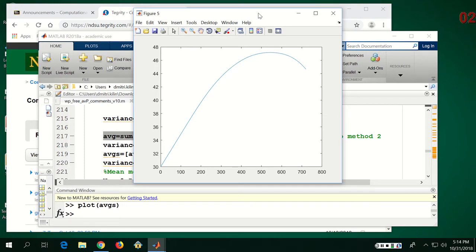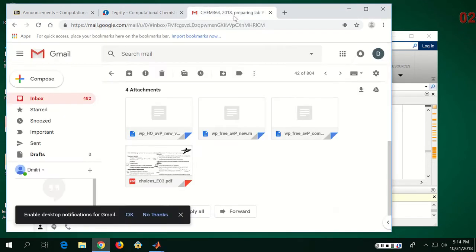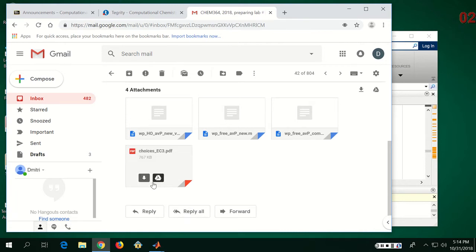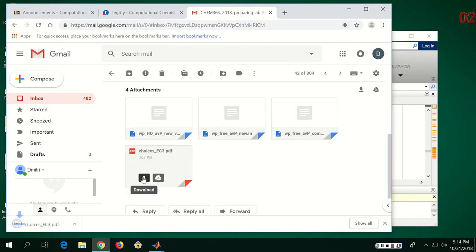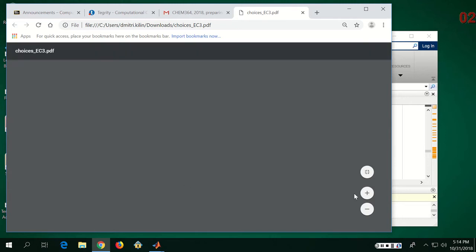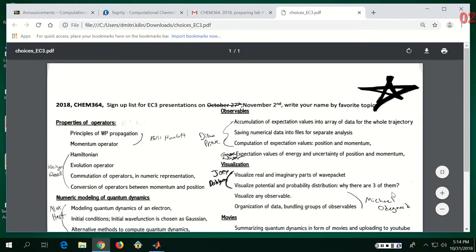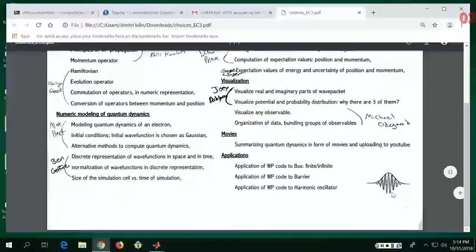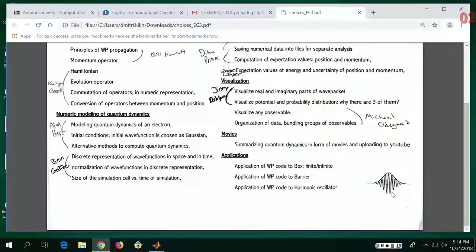But in the last question that we are going to go over today, we will briefly consider changing of the potential and running it for several models.